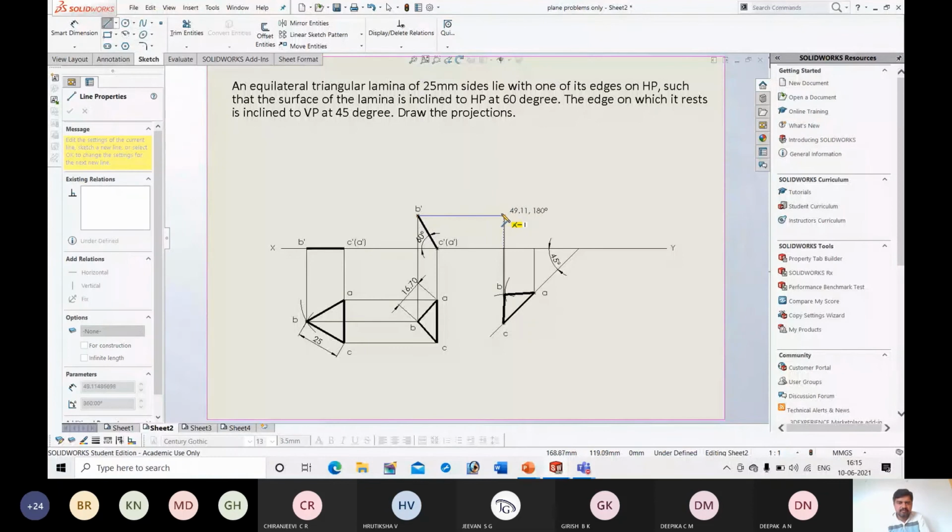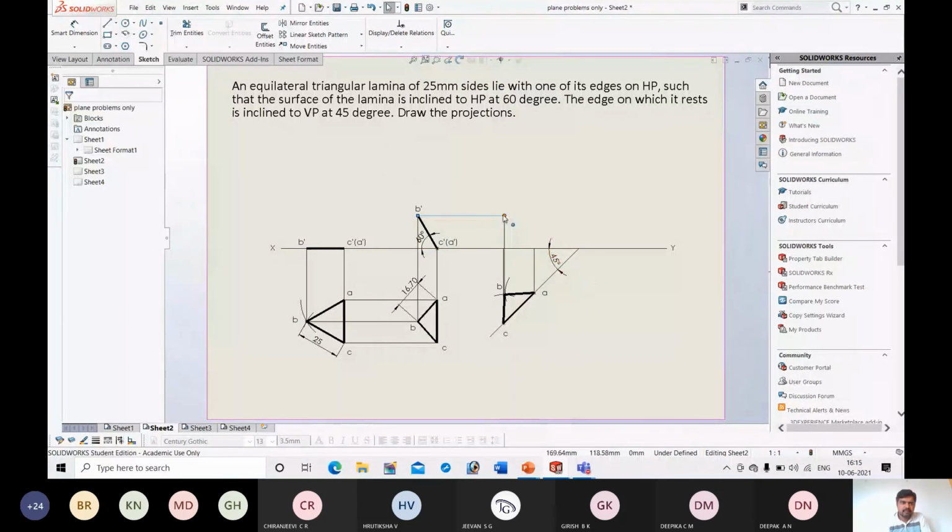The projector of CA is on the XY line itself, the projectors of points C dash and A dash. Now I will connect these 3 points using lines.